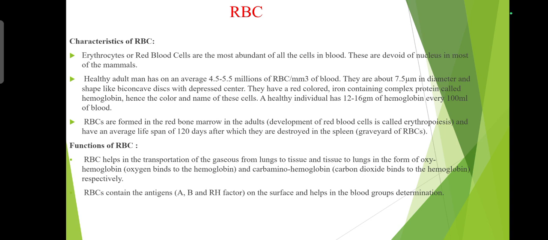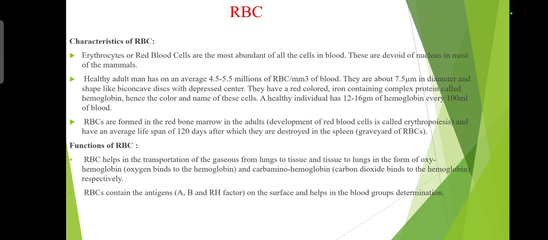They are devoid of a nucleus in most mammals. The normal average count of red blood cells is 4.5 to 5.5 million. The diameter is 7.5 μm. They have a red color due to an iron containing complex protein called hemoglobin.